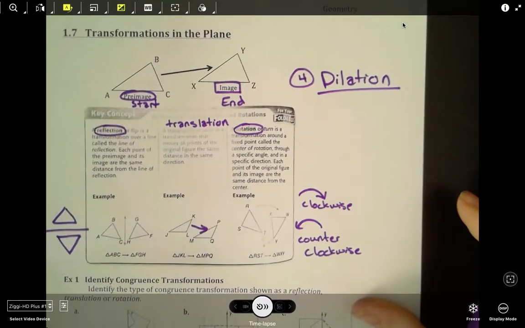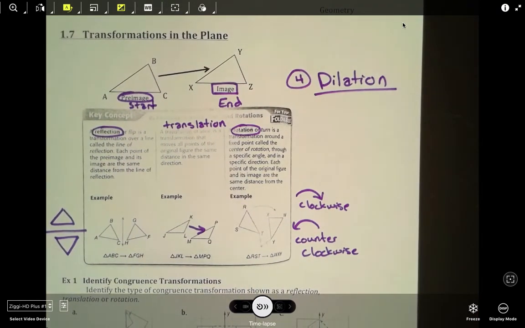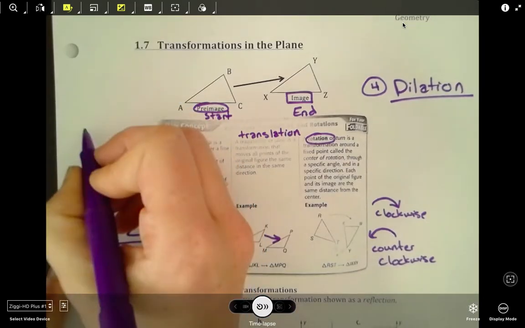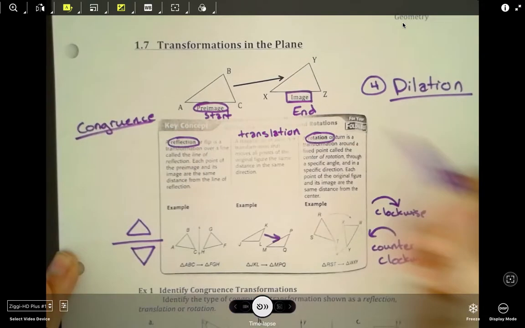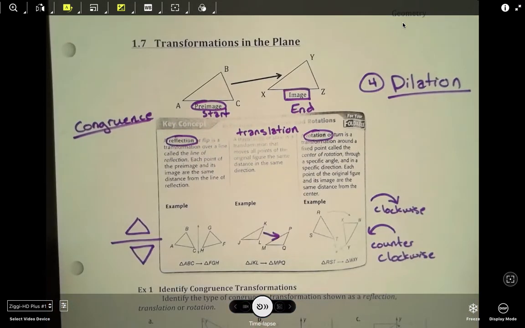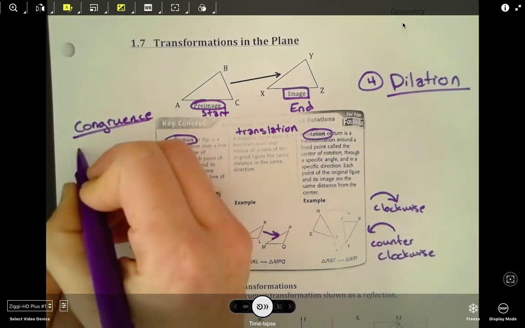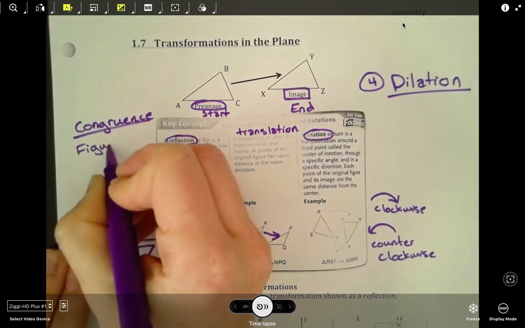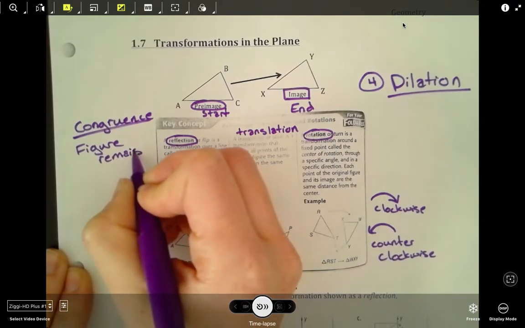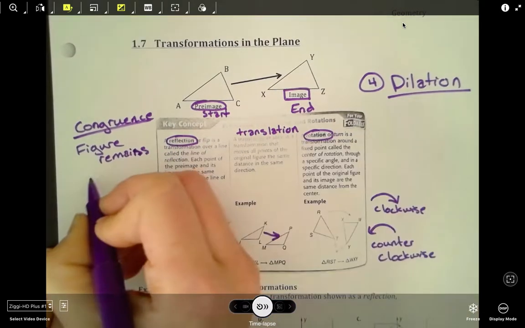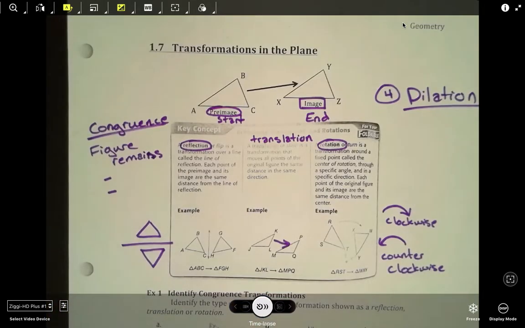They leave it out of this section on purpose because these three over here are congruence transformations. In each one of these three, your figure remains congruent. Two different things tell me that a figure is congruent.